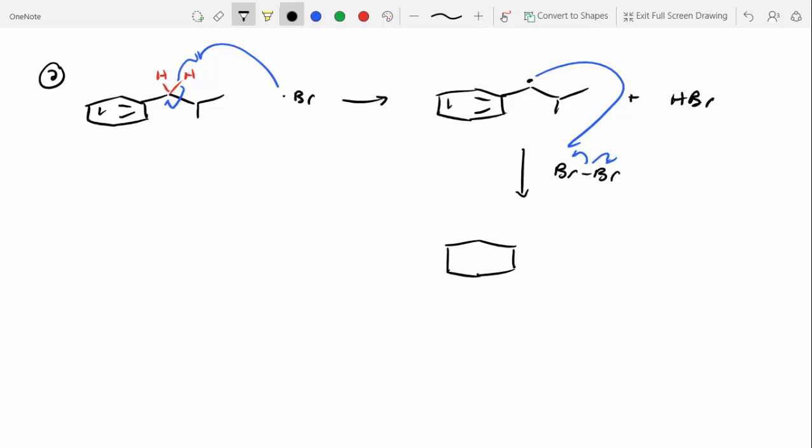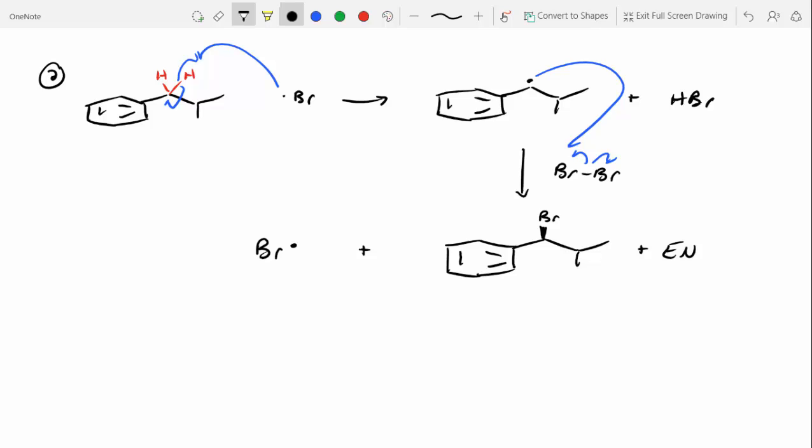All of a sudden, you've got your bromine installed. And you end up with a mixture of enantiomers because that radical electron is occupying a p orbital that is facing both in and out of the board, right? And during this reaction, we regenerate our bromine radical.